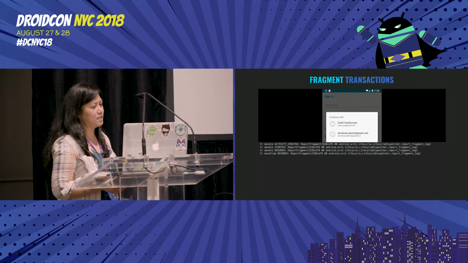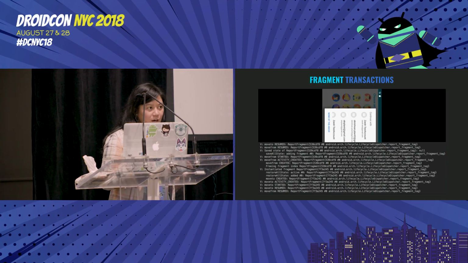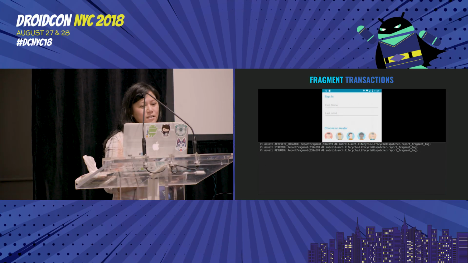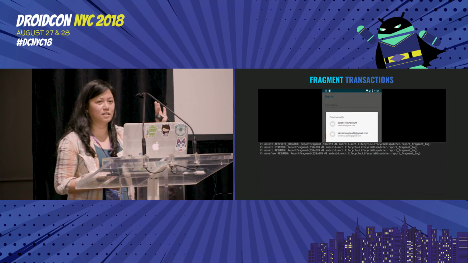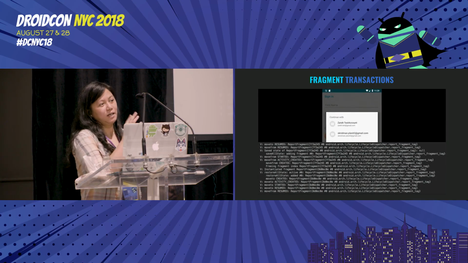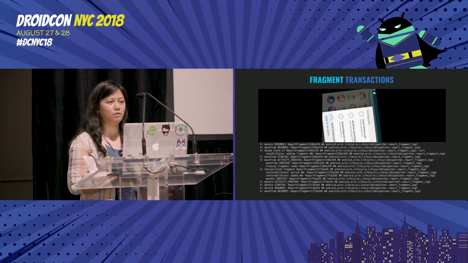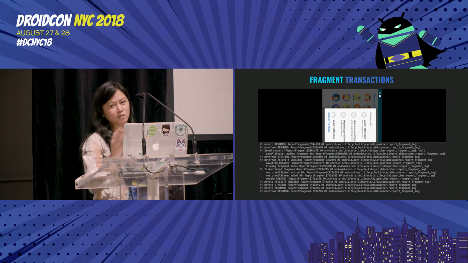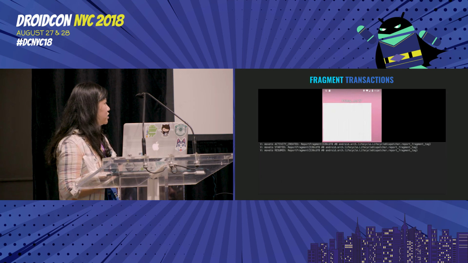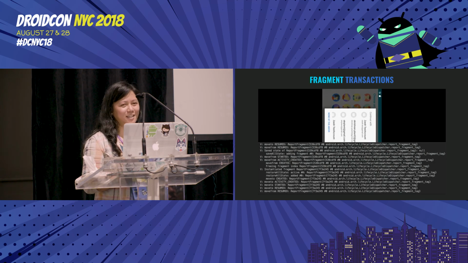It allows us to see lifecycle state transitions, bundle values if there are any, instance IDs. In this case, this is the Topeka sample app from Google. I'm in the sign-in screen and I rotated it so you can actually see the fragment lifecycle moving from on-save instance state to restoring the instance state. There's a lot of information that enabling this setting does.